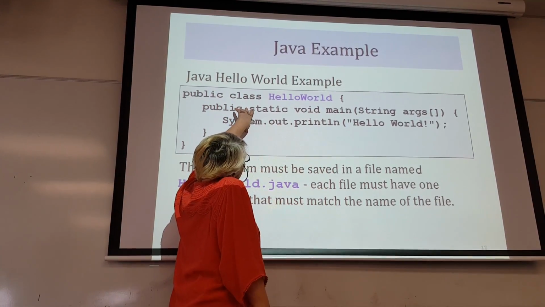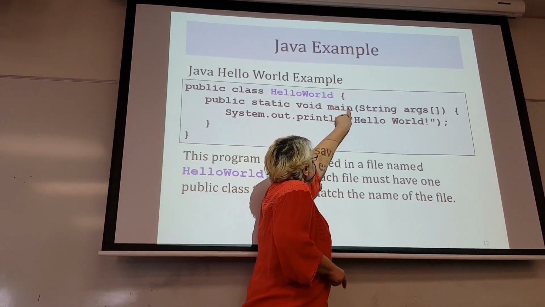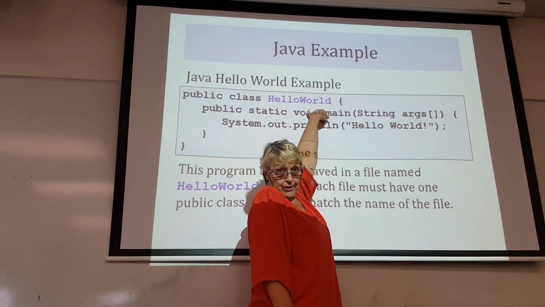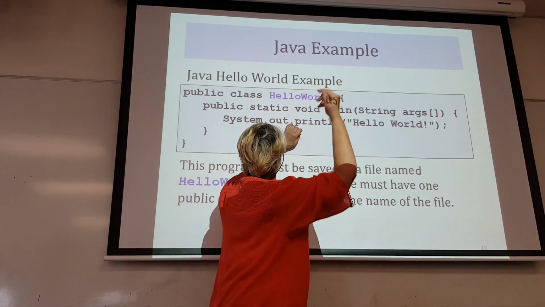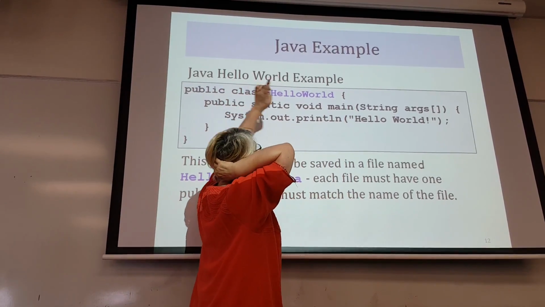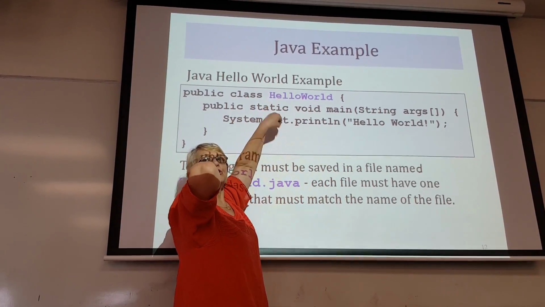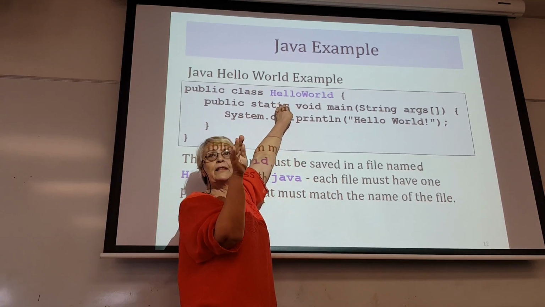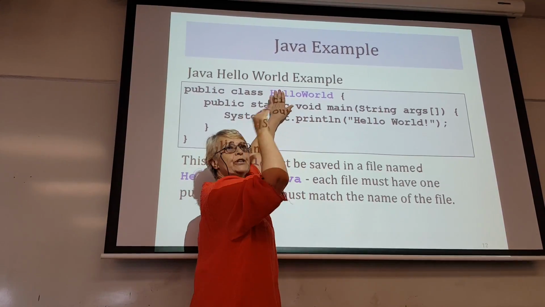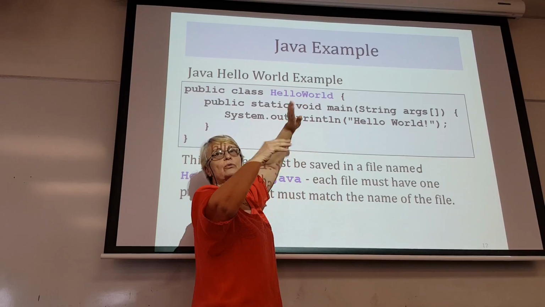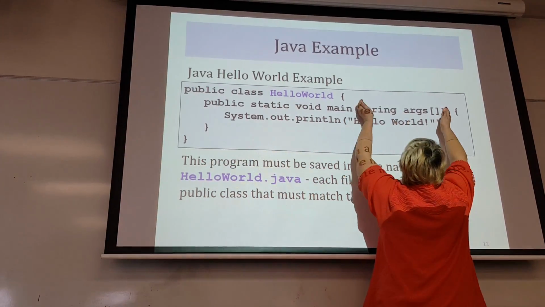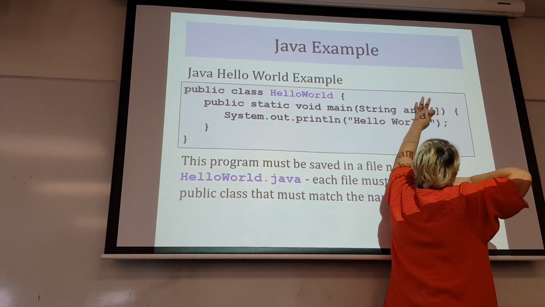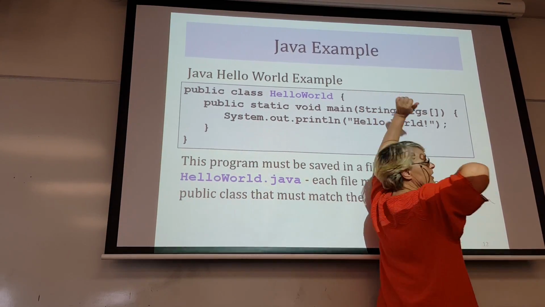Inside we have a function main which returns void, recognized from C. It's a public function and it's associated to the type itself. Static is like in C, associated to the class, not to individual objects. It takes one argument. It's an array of strings.